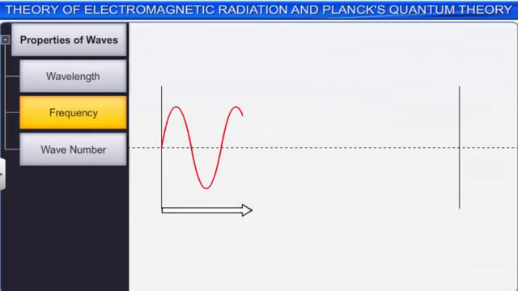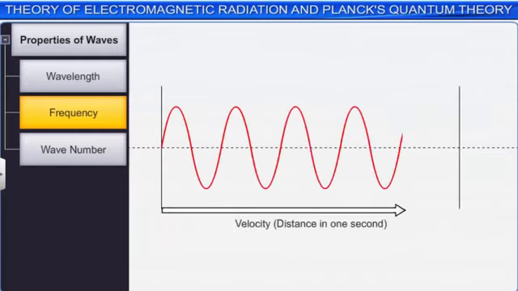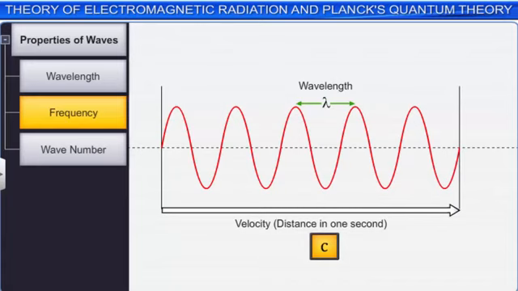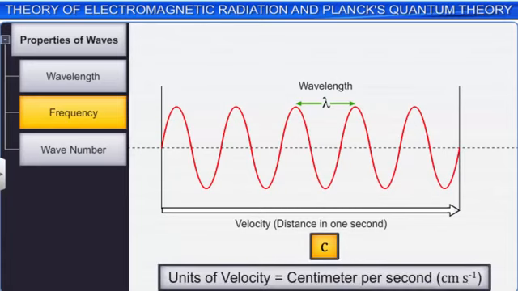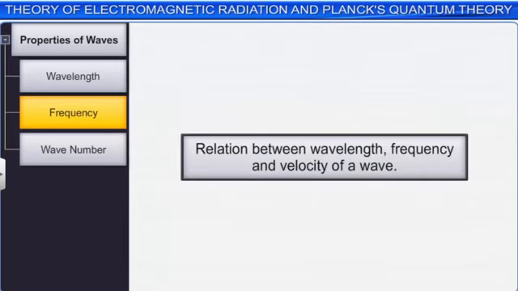Velocity of a wave is defined as the distance traveled by a wave in 1 second. Velocity is denoted by c and is expressed in centimeter per second. Let's now understand the relationship between the wavelength, frequency, and velocity of a wave.